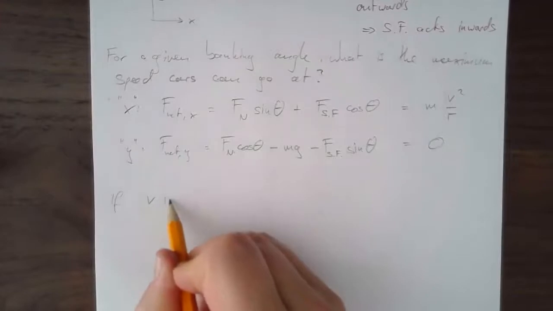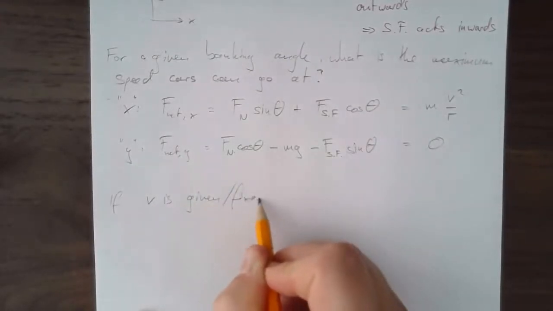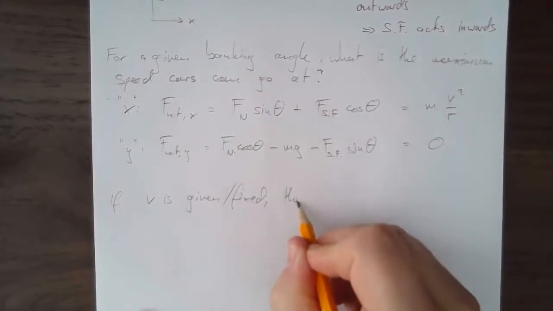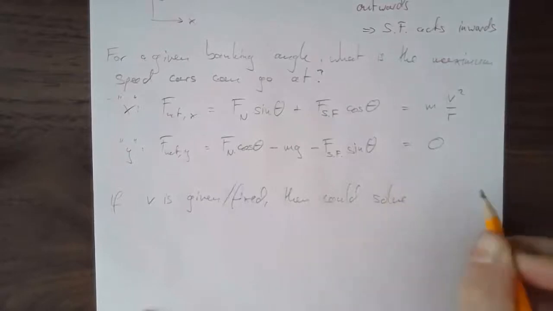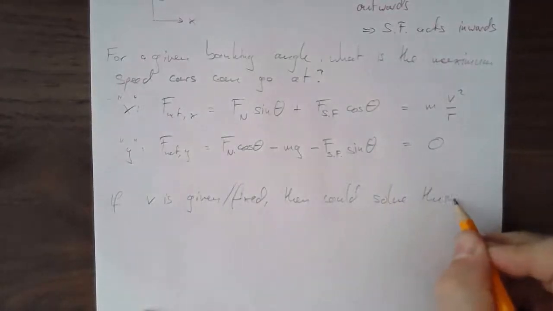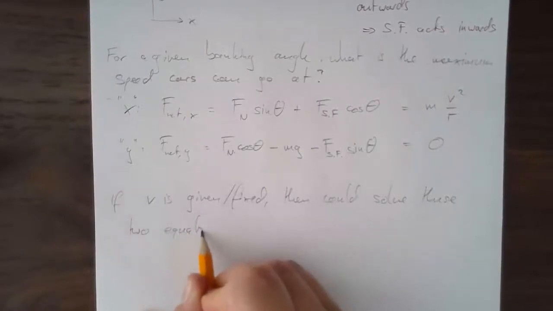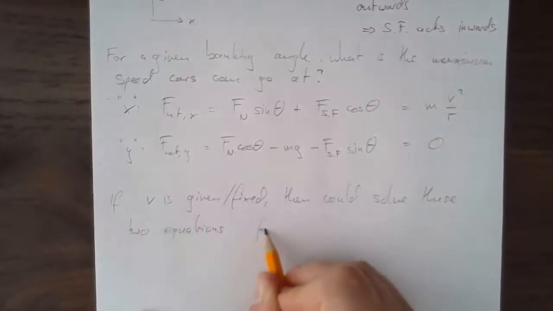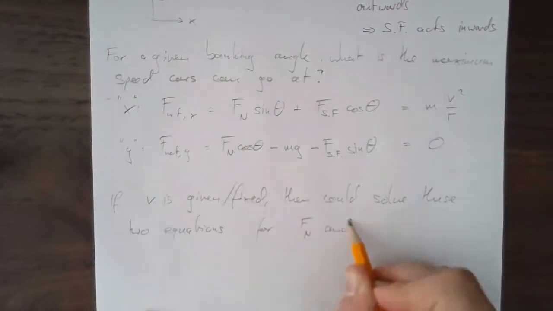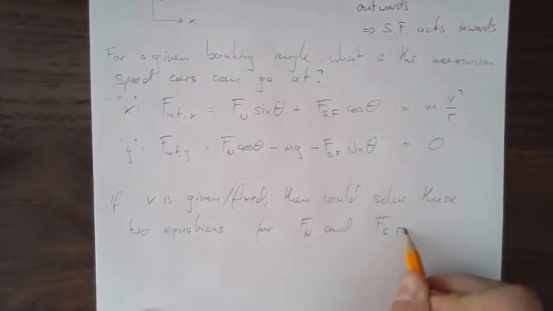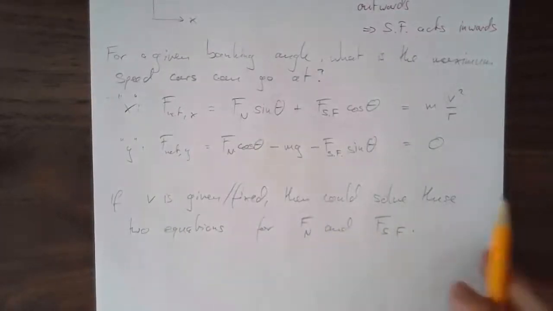If v is given, it's fixed, then we could just solve these two equations for the normal force and the force of static friction. Two equations, two unknowns, very straightforward to solve.